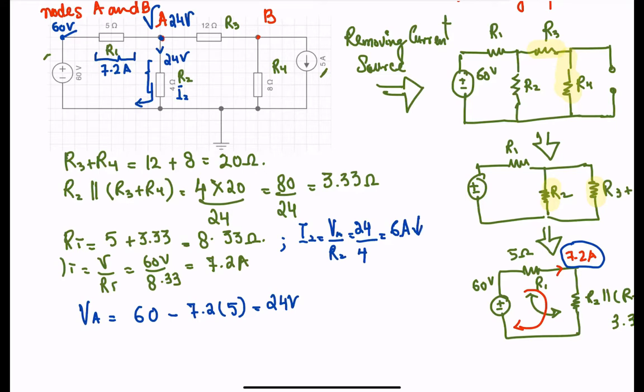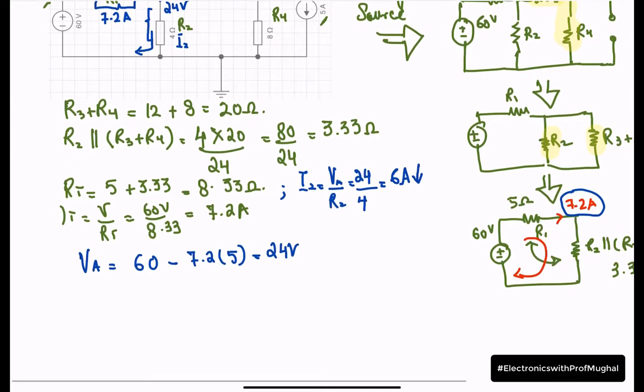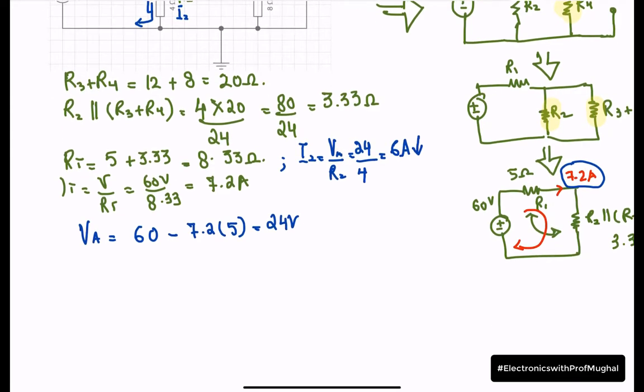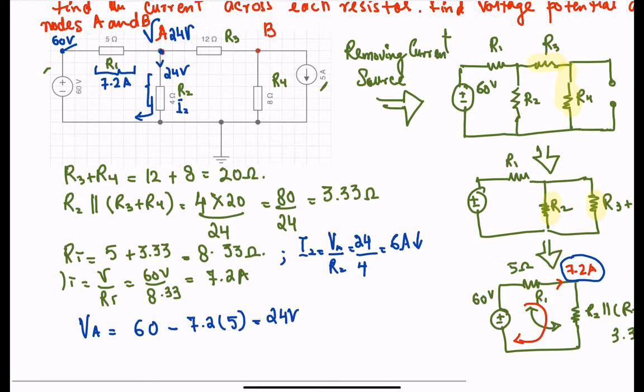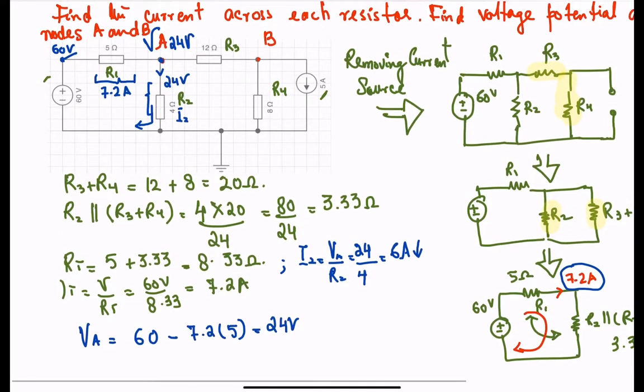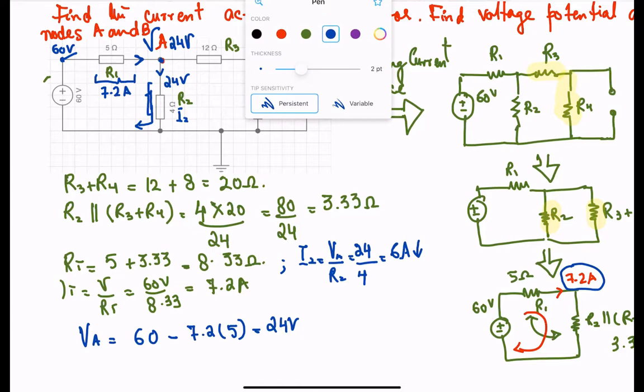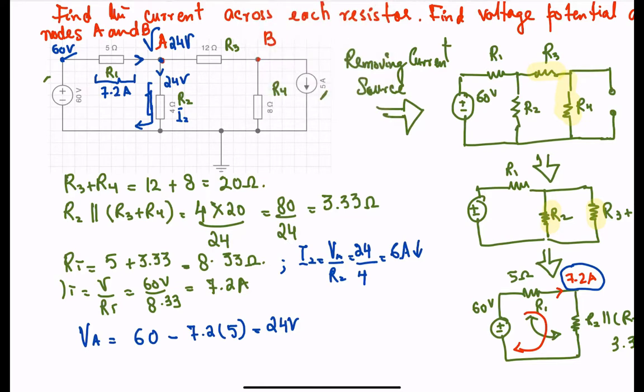Having these directions is important because at the end we are going to add the influence of each of the sources, so having these arrows is extremely important. Now we know that the total current is 7.2 amps, and the current flowing through R2 is 6 amps.